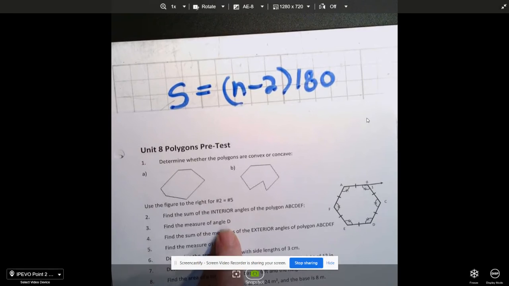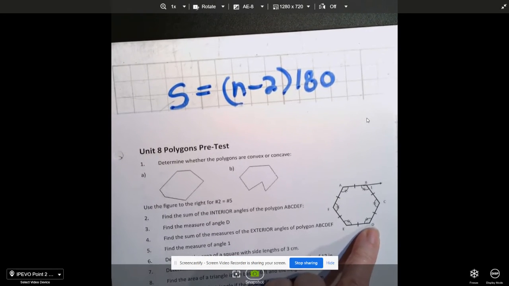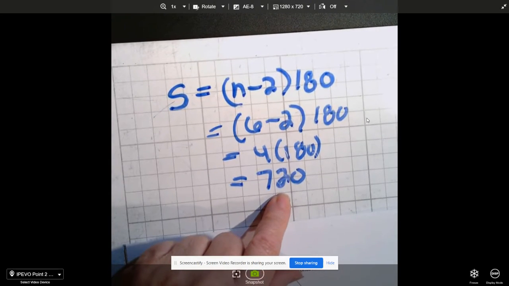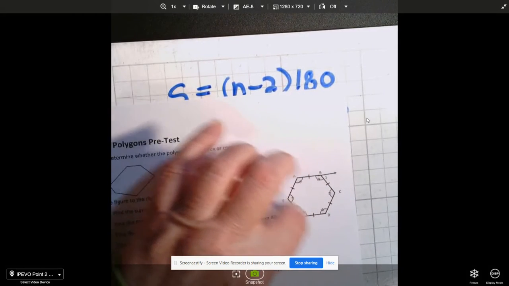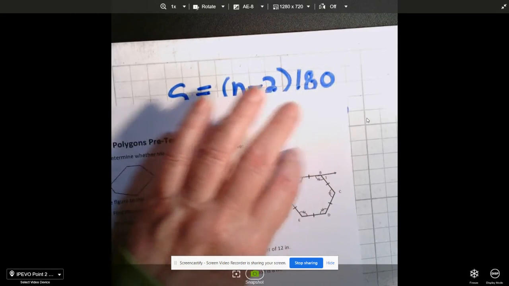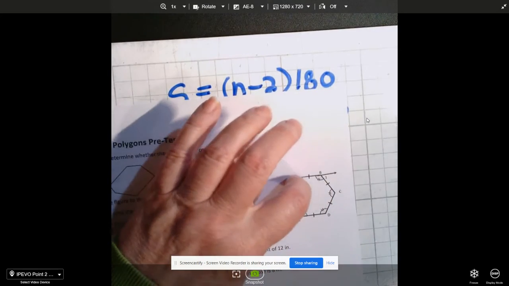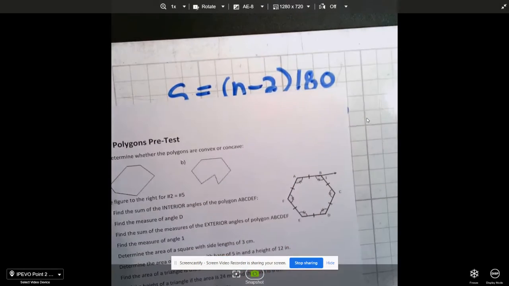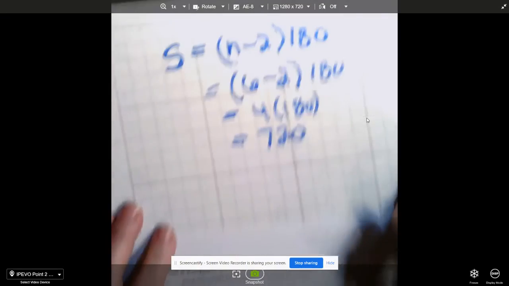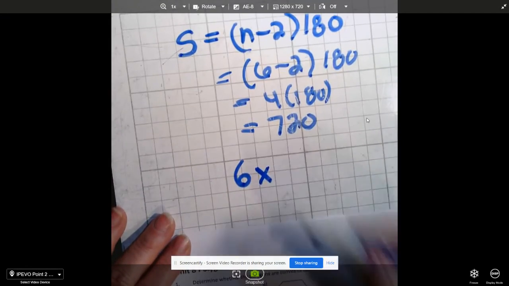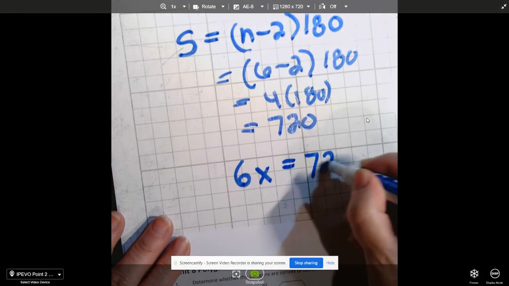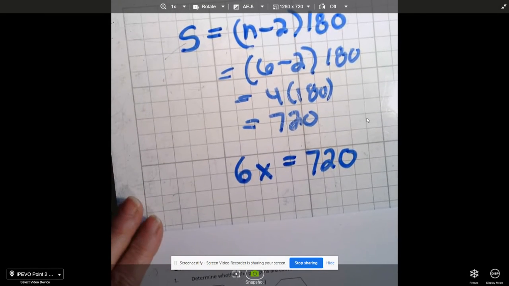And then here it says find the measure of angle D. Well, I know all the angles have to add up to 720. I know that each one of these angles is congruent because this is a regular polygon. And there are 1, 2, 3, 4, 5, 6 angles, and they're all the same. So I have 6 angles whose measure I don't know, but they have to add up to 720.